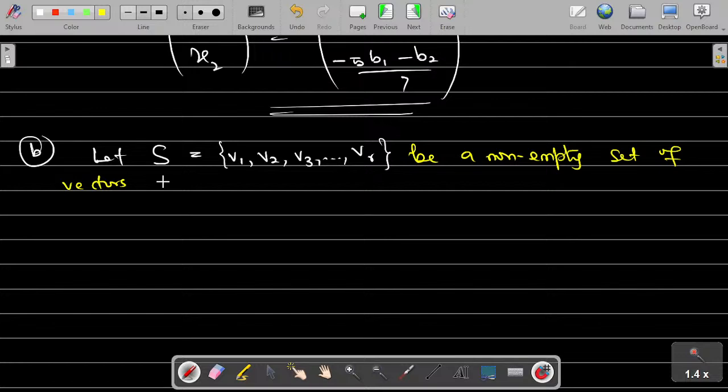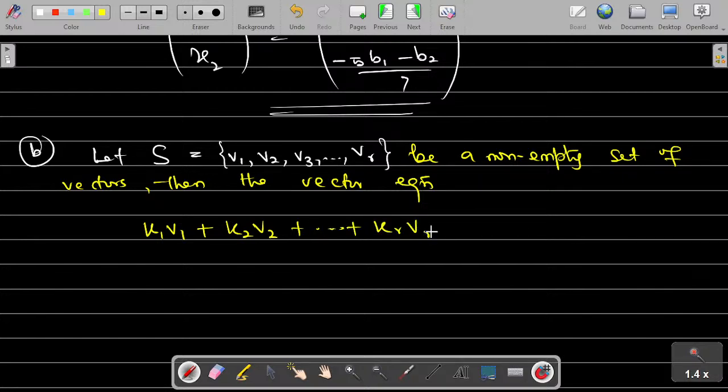Then the vector equation, this one, k1 v1 plus k2 v2, on to kr vr is equal to 0, has at least one solution, namely. So they are asking us to complete this statement.